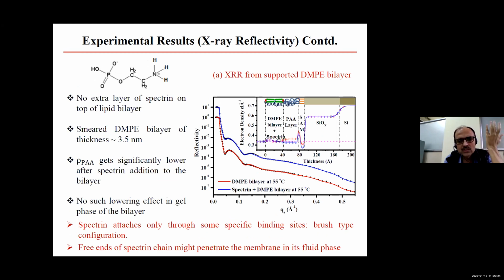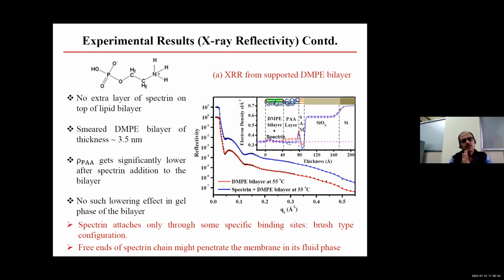It seems like it is not visible. It is not that spectrin is not getting attached, but what we have seen in our study from the monolayer is that we do have spectrins, and in this case you can see that this is the polymer layer, and the polymer layer density is decreasing.